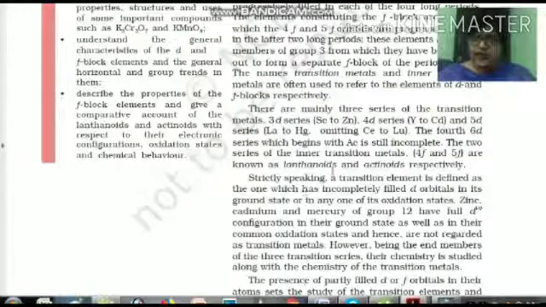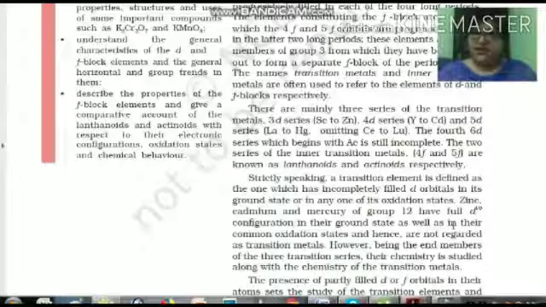Here you can see zinc, cadmium and mercury of group 12 have full d10 configuration in their ground state as well as in their common oxidation state. Zinc, cadmium and mercury of group 12 have full d10 configuration.